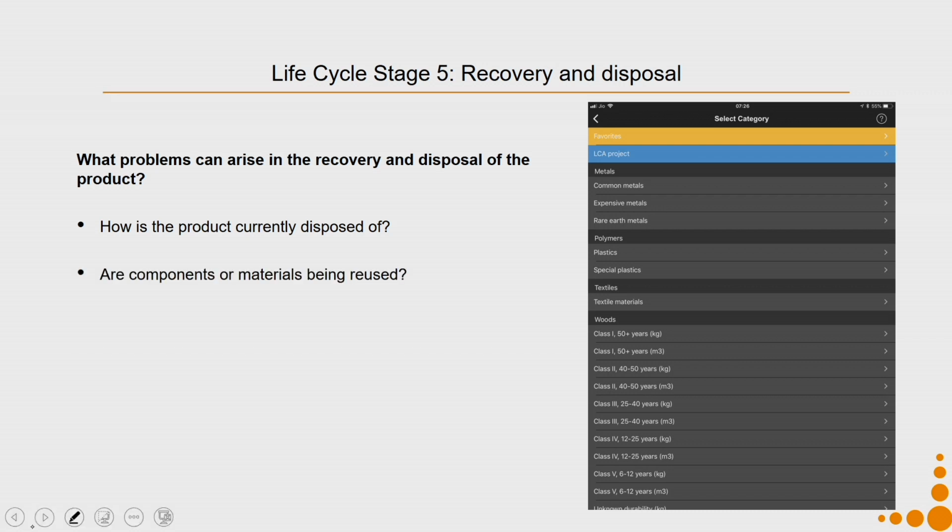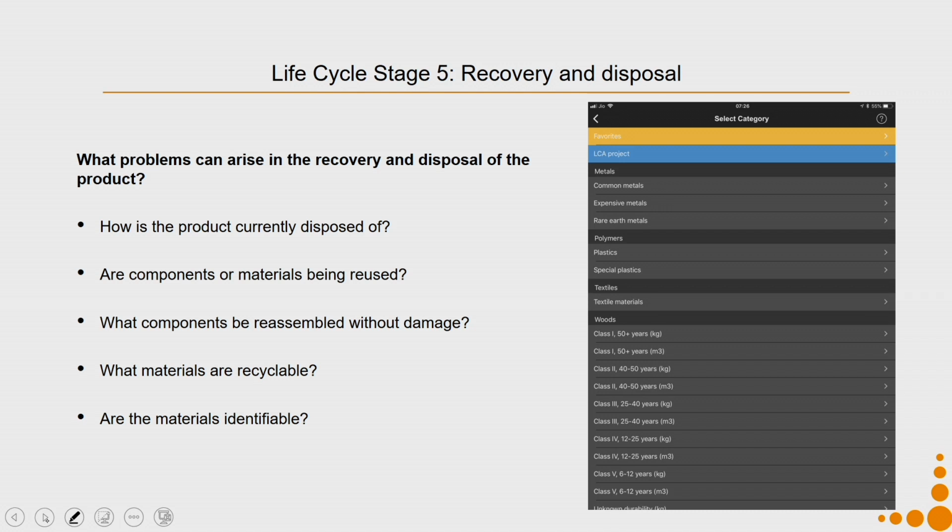You need to understand: are components or materials being reused? What components can be reassembled without damage? What materials are recyclable? Are the materials identifiable? If you cannot identify which plastic, you cannot recycle it. Hence, recyclability is important, and identifiability is also very important.